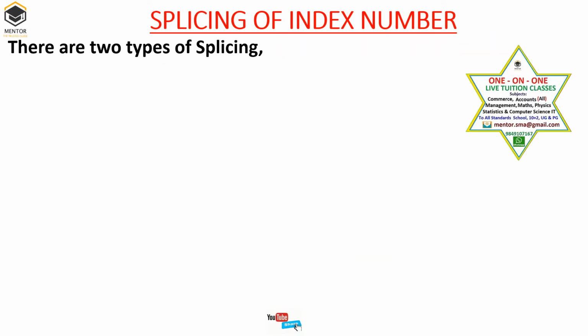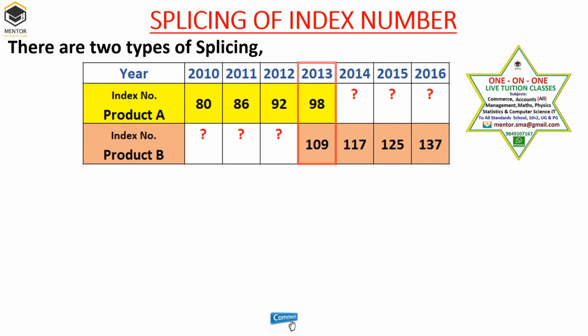So we have two types of splicing. The very first is forward splicing and the next is backward splicing. So this is the data as we have seen. Here product B, if starting from the year 2010, will be called forward splicing. So let's see what is forward splicing.